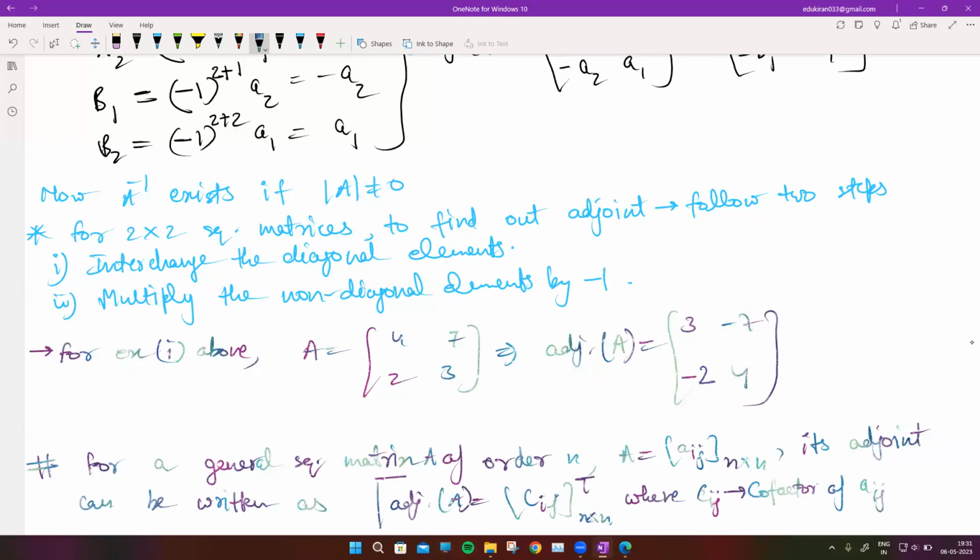This is the formula for adjoint. A pretty simple formula, but there is a lot of chance that we will find this incorrectly. Now let's find the adjoint for a 3 cross 3 matrix. First with me, then second you will try on your own.